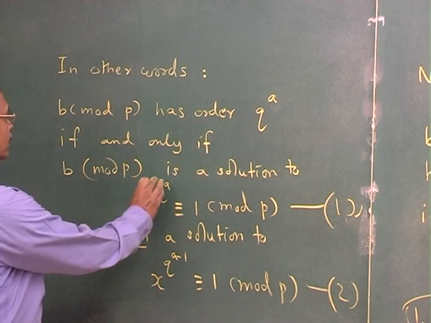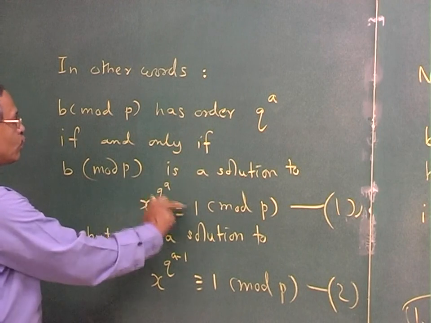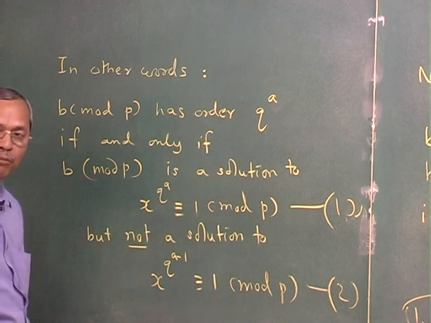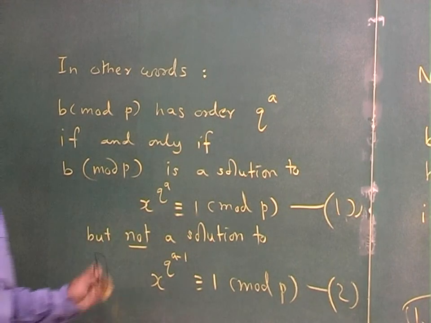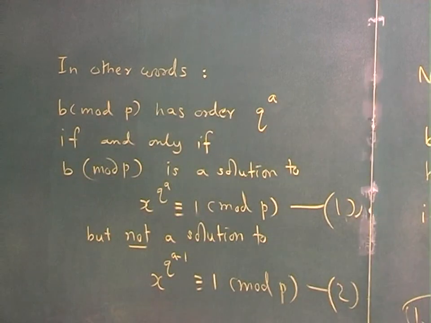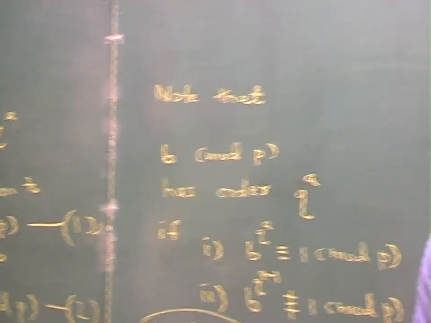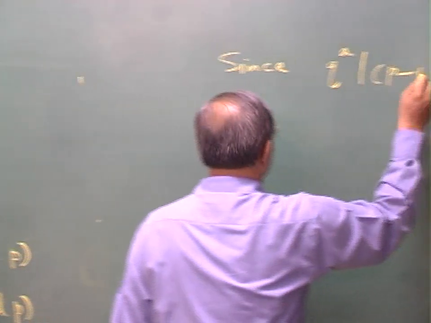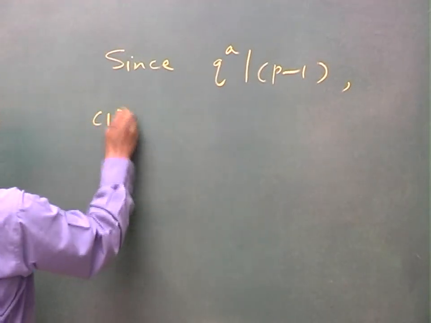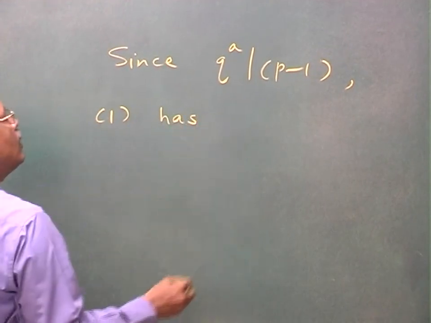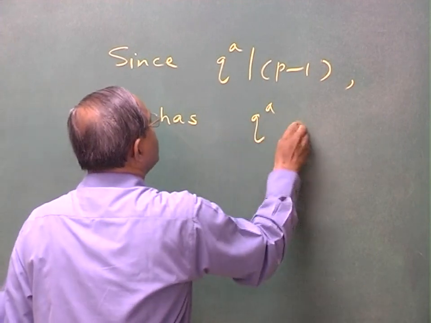That means there are this many q raised to a-th roots of unity available mod p. So since q raised to a divides p minus 1, one has q raised to a solutions.